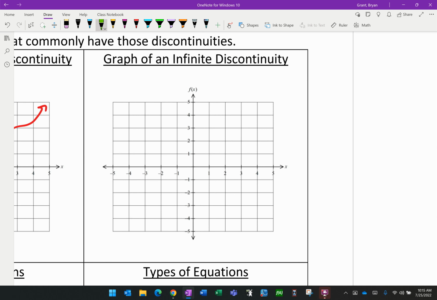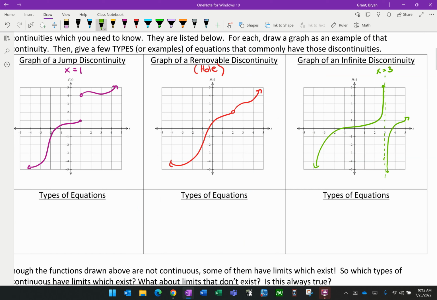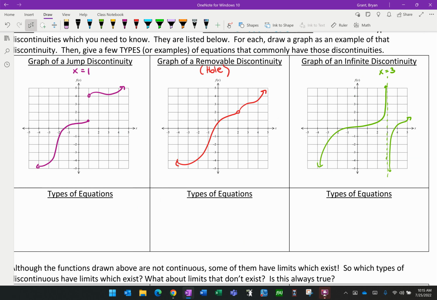For example, my graph could be over here and go infinitely up at 3, and then on the other side it could start at negative infinity and finish off doing whatever I'd like over here. Oftentimes we see this drawn with a little dashed line at x equals 3, and we'd say that there is a vertical asymptote at x equals 3. So our 3 main types of discontinuities are jump, removable, and infinite, and you do need to know those names.